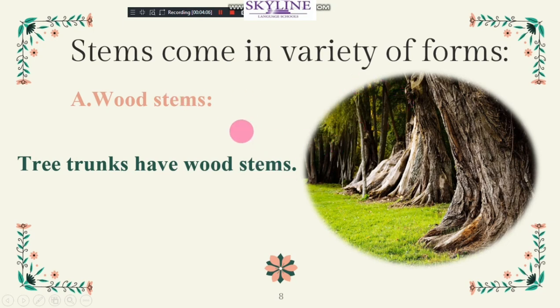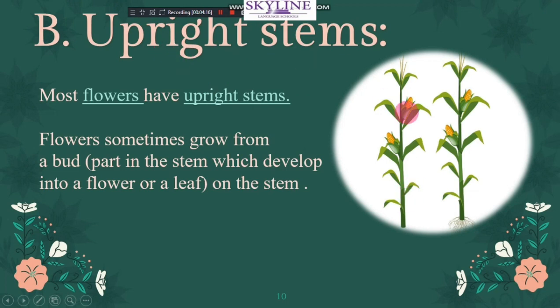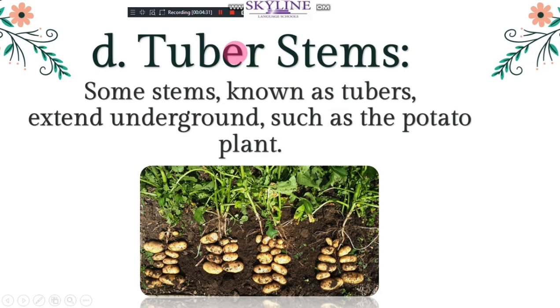Stems come in a variety of forms: woody stems like trunks, shrubs, and upright stems, the flower only. Climbing stems, as in grapes. Tuber stems like potato: the tuber extends underground, like potato.